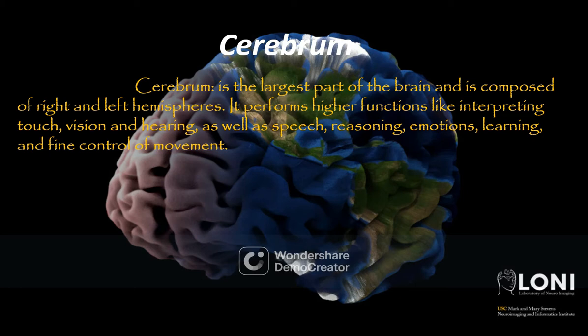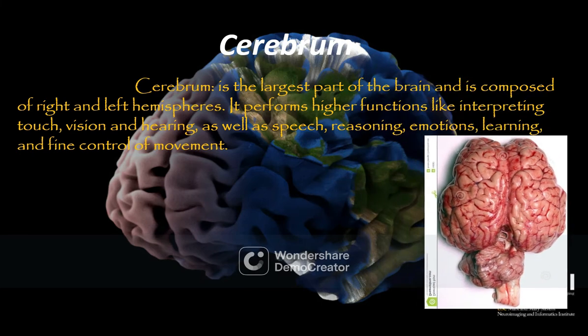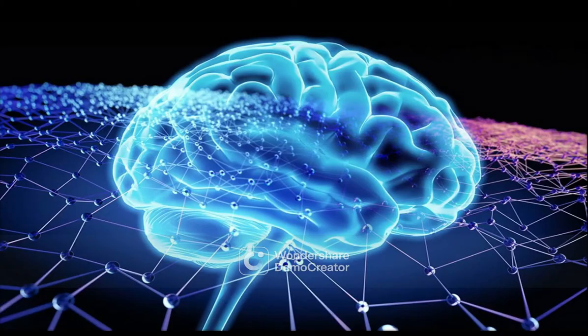In mammals, the dorsal telencephalon and pallium develops into the cerebral cortex, and the ventral telencephalon and subpallium becomes the basal ganglia. The cerebrum is also divided into approximately symmetric left and right cerebral hemispheres. It performs higher functions like integrating touch, vision, and hearing, as well as speech, reasoning, emotions, learning, and fine control of movement.